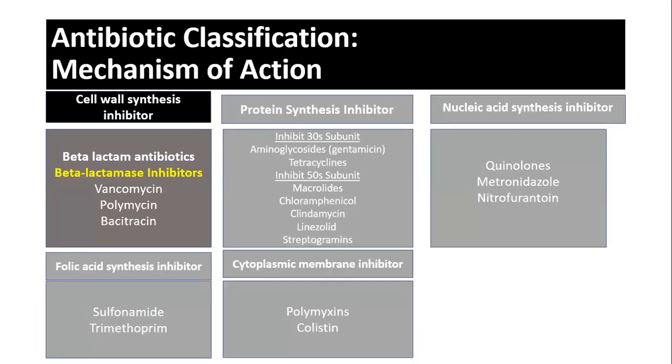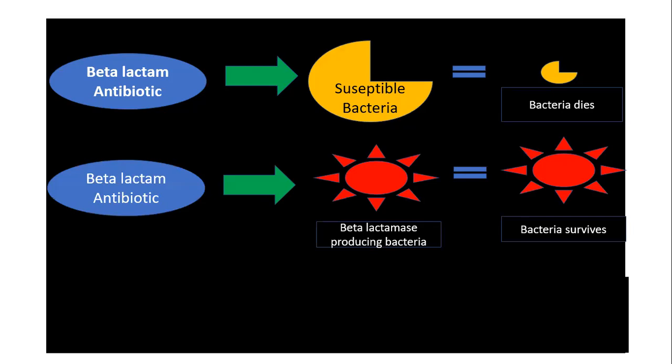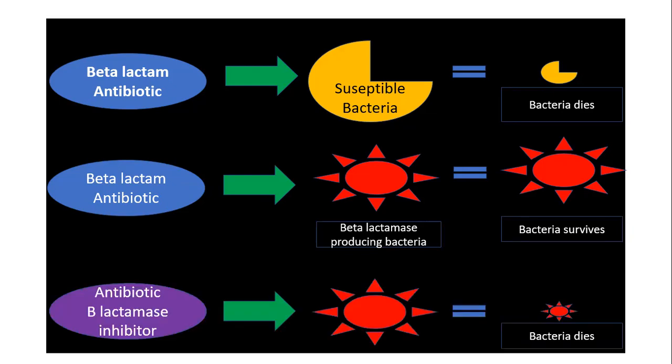Then moving on to beta-lactamase inhibitors. We know that beta-lactam antibiotics are called beta-lactam because they've got a beta-lactam ring inside. When they act on susceptible bacteria, the bacteria die. When the beta-lactam antibiotic acts on a bacteria which produces beta-lactamase, the antibiotic ring is destroyed and the bacteria survives.